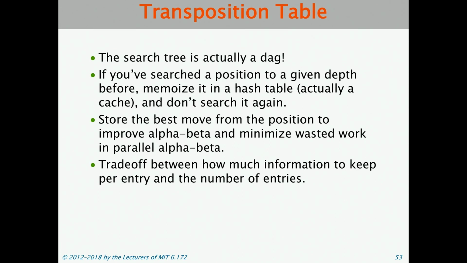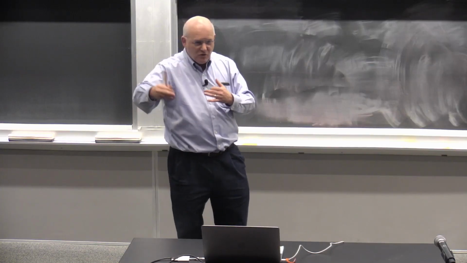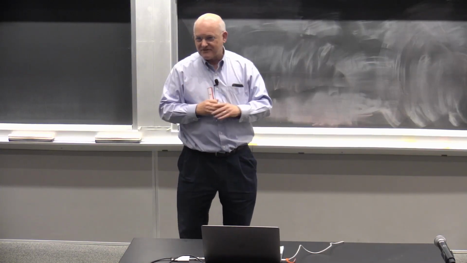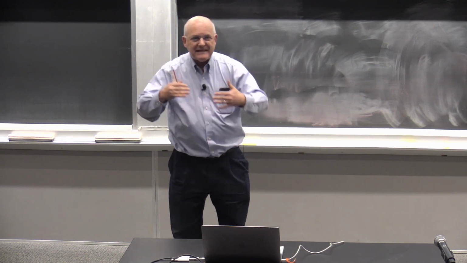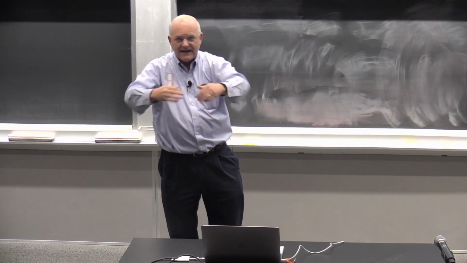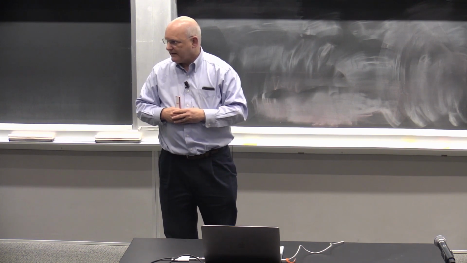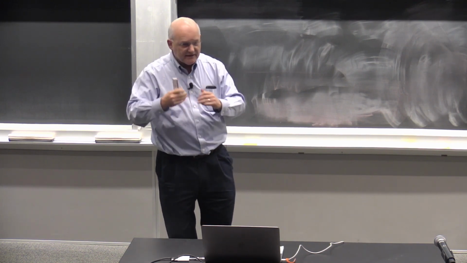But if I'm looking at depth D and I find something in the transposition table that's D+1 or D+2, that's great to use. That just gave me an even deeper view of what's behind that move. And so if you look at the logic there, you'll see that that's how they do it.